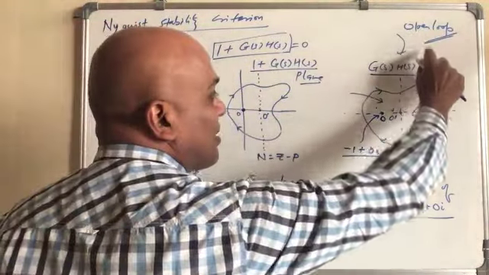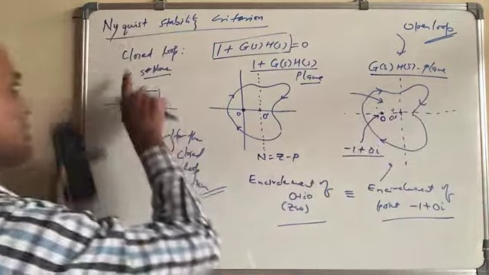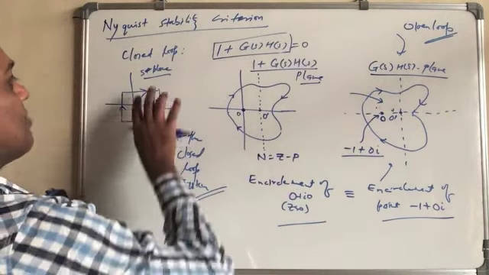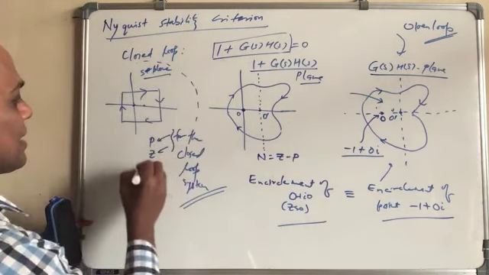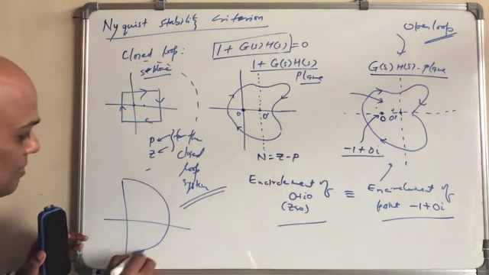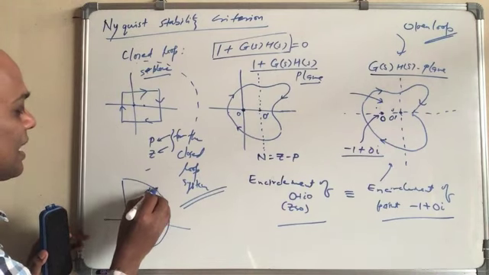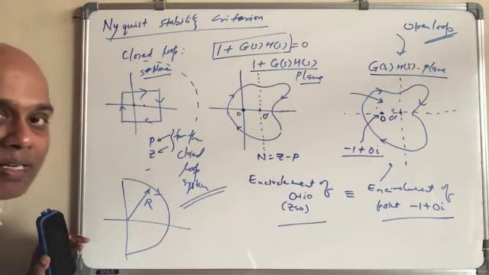For S going to infinity, what we take typically is a semicircle. So in the S plane, you take a semicircle of infinite radius, and this will automatically make sure that the whole of the positive S plane is covered by it.